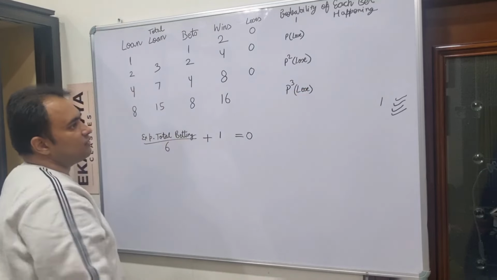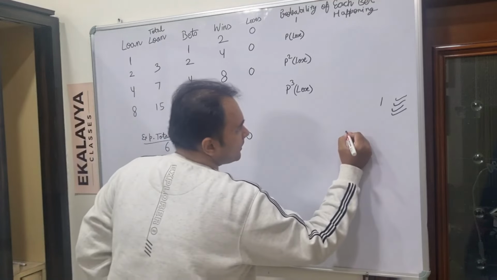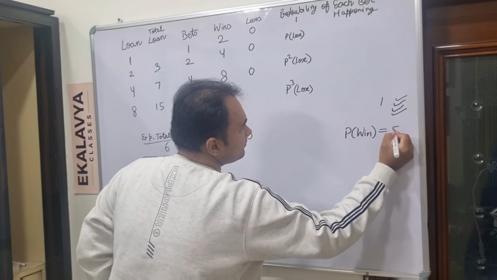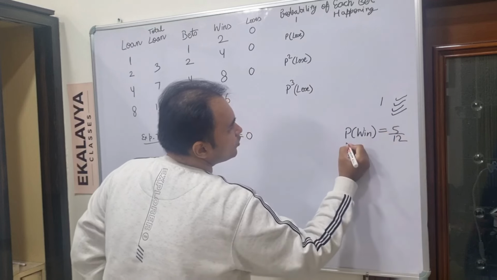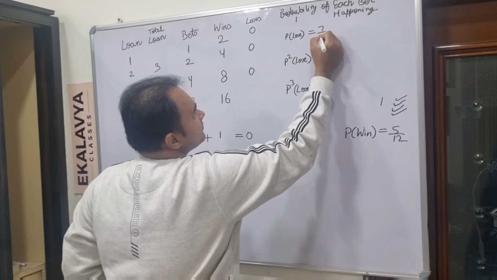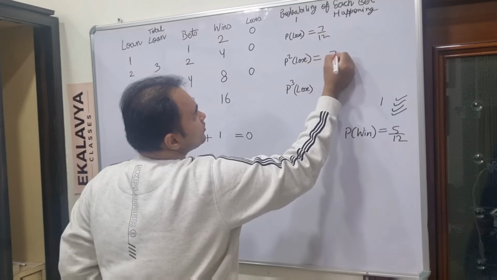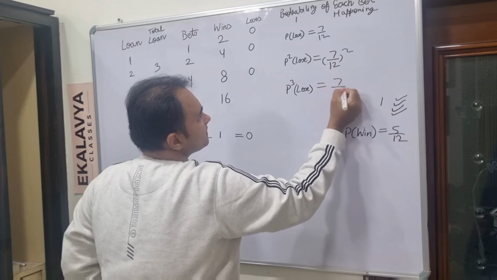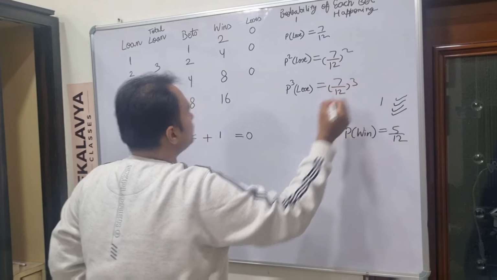So what is the probability of losing? Probability of winning was 5 by 12. So probability of losing is 1 minus 5 by 12, that is 7 by 12. So this is equal to 7 by 12 whole squared, and this is equal to 7 by 12 whole cubed.